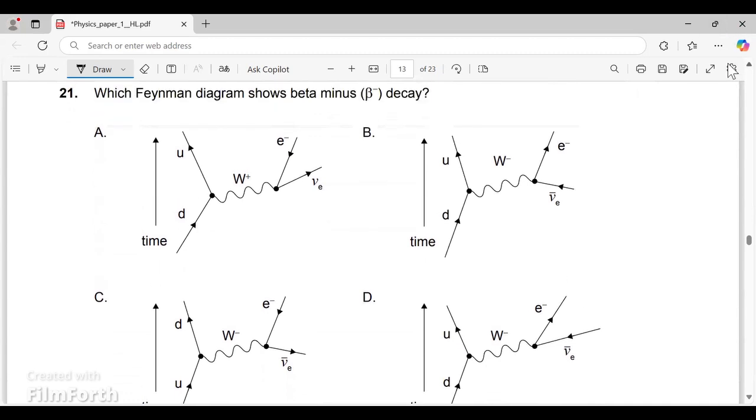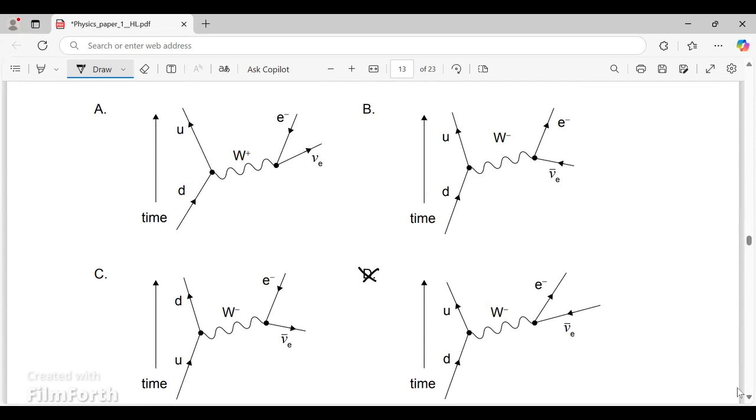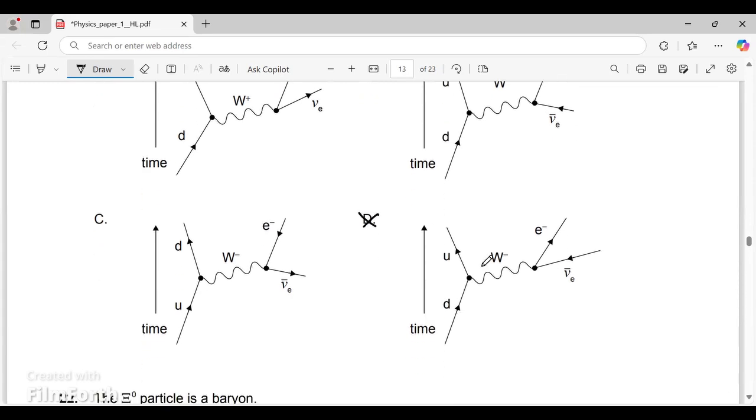A, B, C, D. The correct answer is D, because we can see a neutron turning into a proton and a W minus boson, the exchange particle, which subsequently decays into an electron and an antineutrino. Look at the directions of the arrows, starting from left to right.